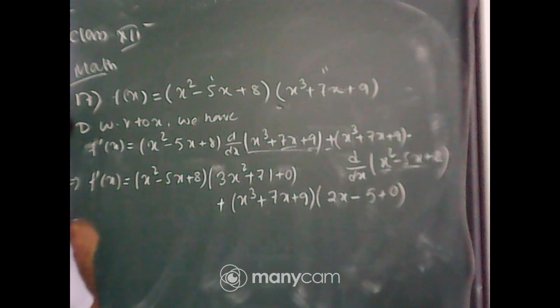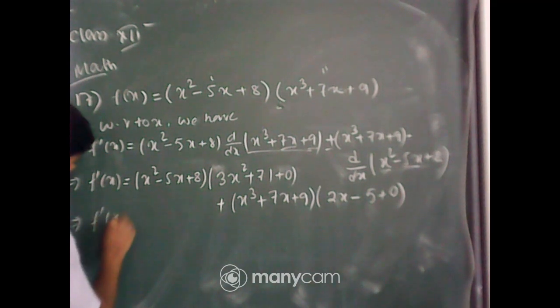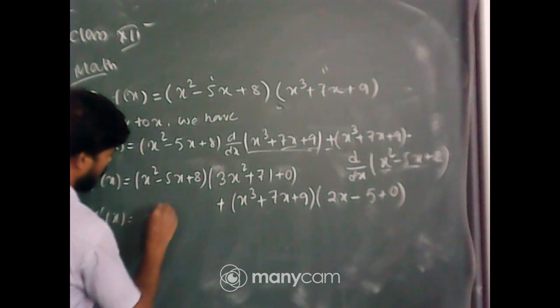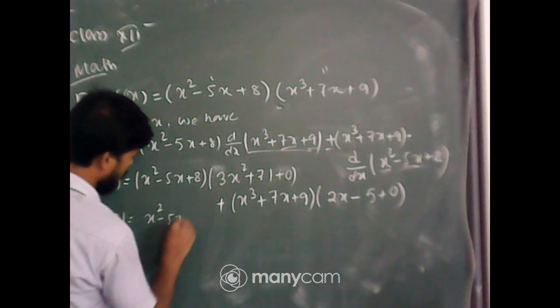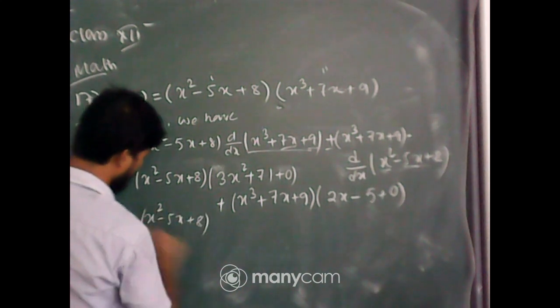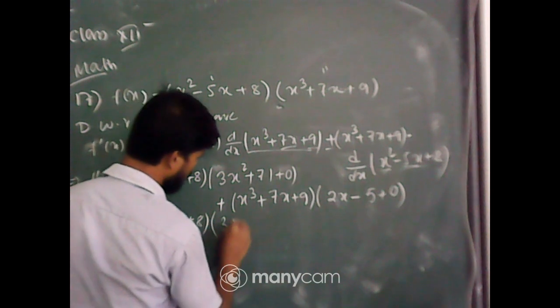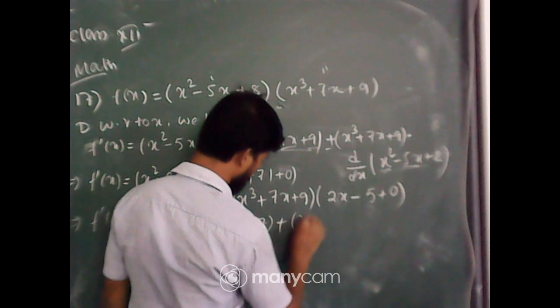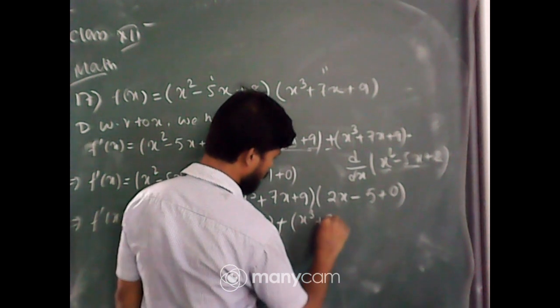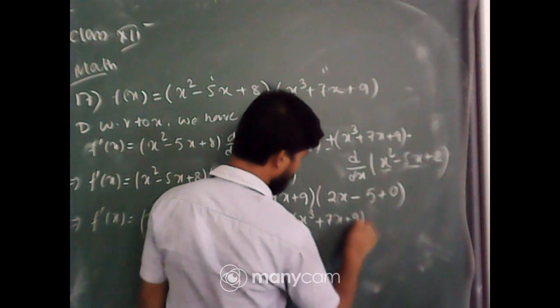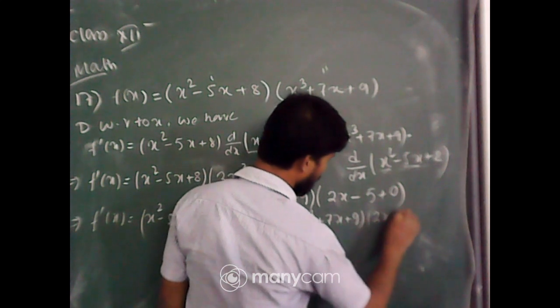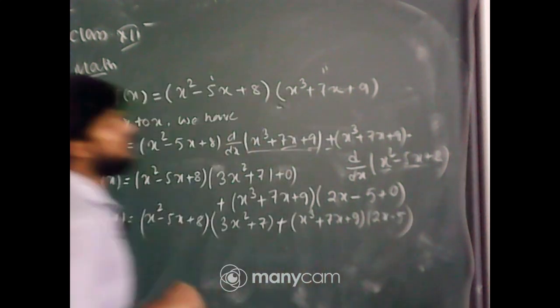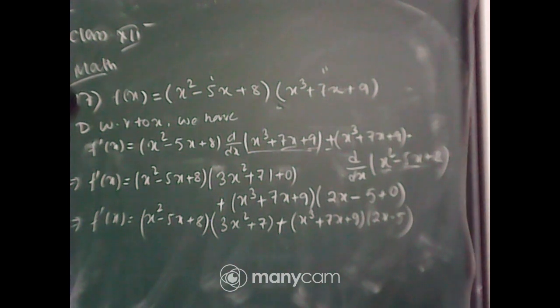That means the final answer is f dash x equals x square minus 5x plus 8 into 3x square plus 7, plus x cube plus 7x plus 9 into 2x minus 5. This is the answer by using the product rule. So the first part is completed.